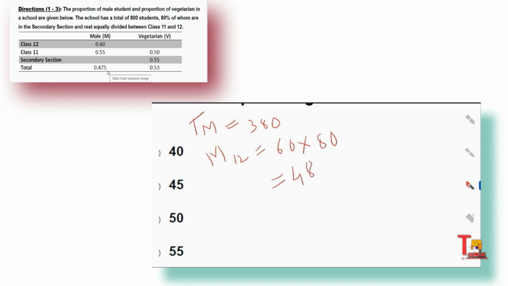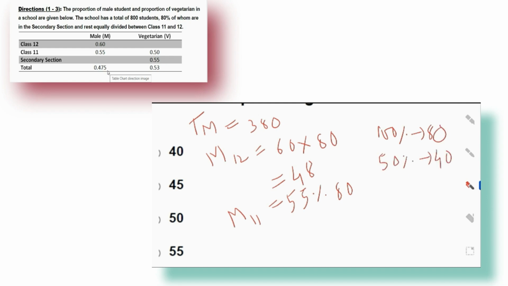And what is 55% of class 11 male? That is, male in class 11 is 55% of 80. So how to calculate 55% of 80? In the same way, right? 100% of 80 is 80, and 50% of 80 is 40, that is half, and 5% is just 4.